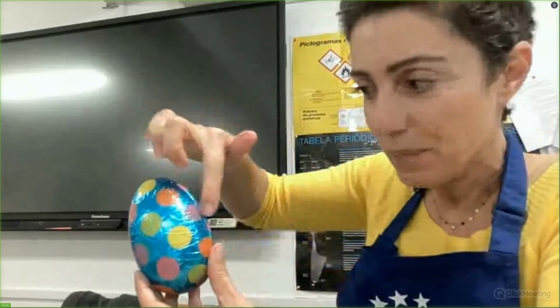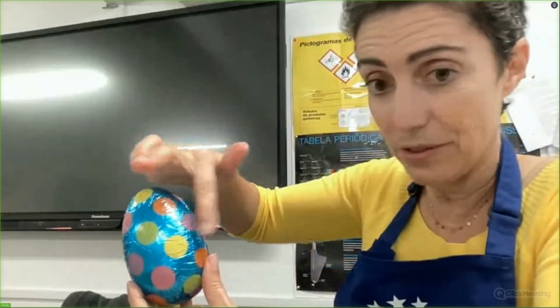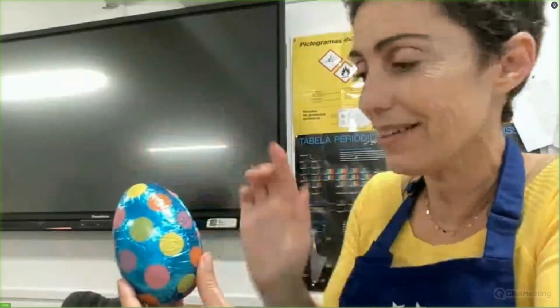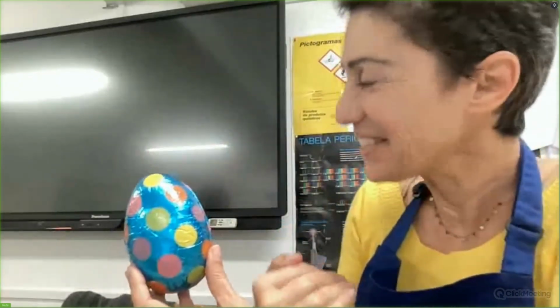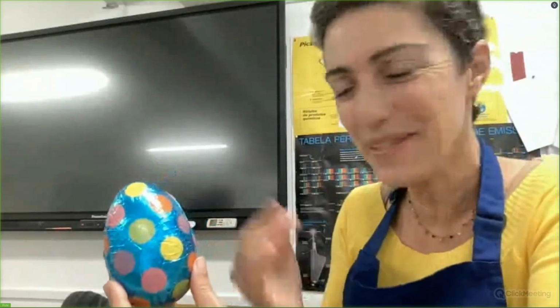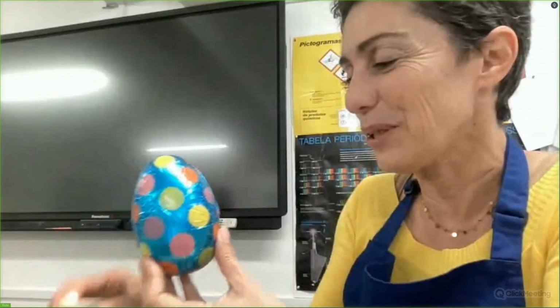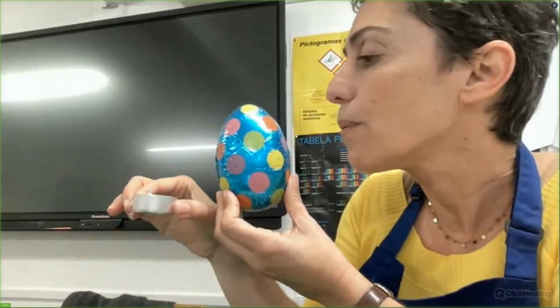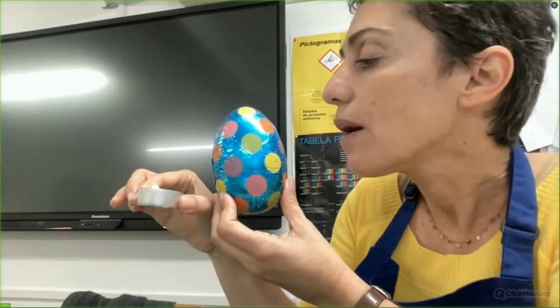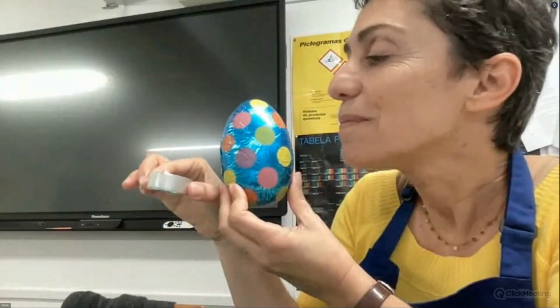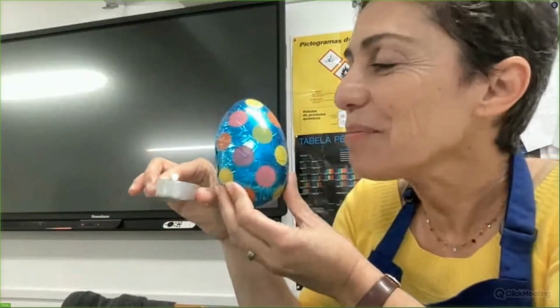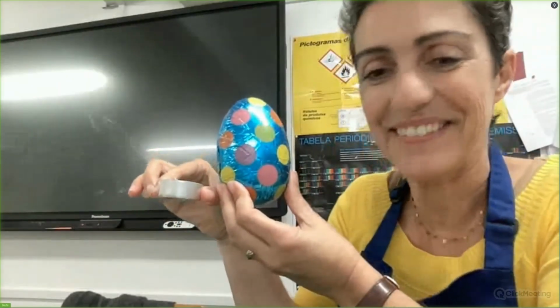Okay. And now you can also turn this like this. Now I have the round shape of the chocolate egg towards me. I will learn this word by the end of this webinar, towards me, and I will blow. Oh, it's not helping. Done.